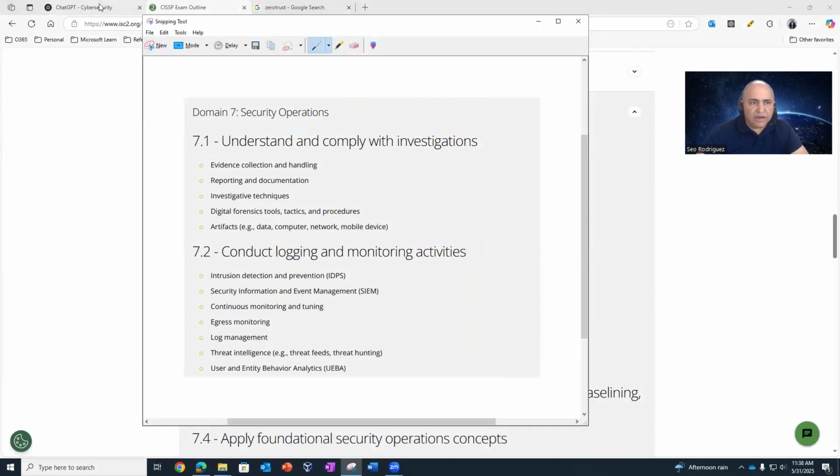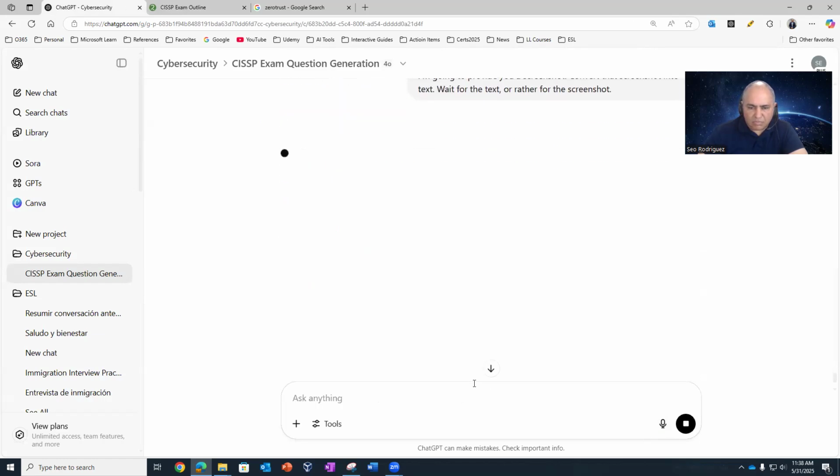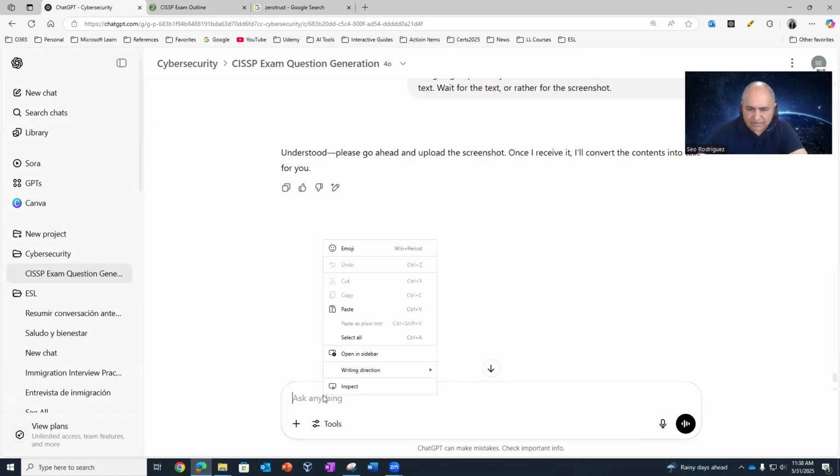Then I'm going to come back to ChatGPT and say, I'm going to provide you a screenshot. Convert that screenshot into text. Wait for the screenshot, because sometimes you get documents in PDF and stuff like that, and you want to convert that into text, right?